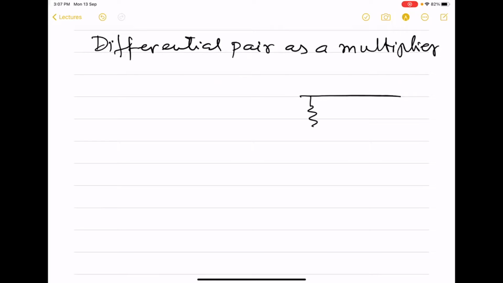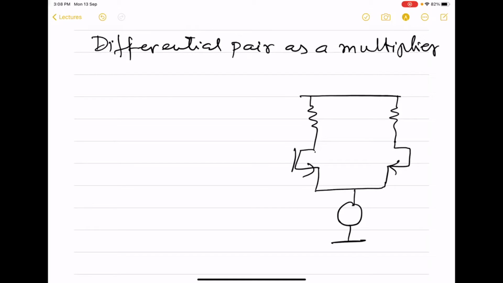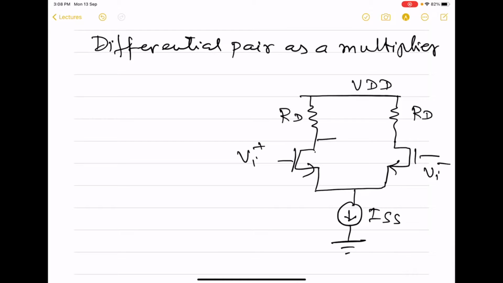So here we have our well-known differential pair. So these are the differential outputs.